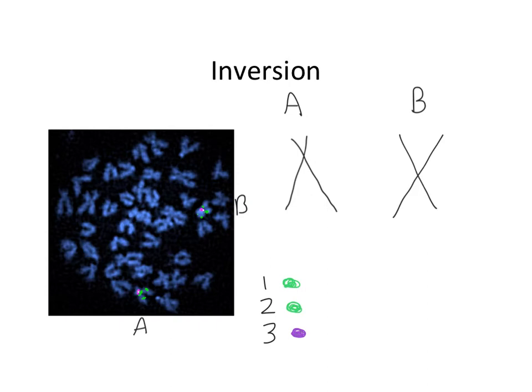If we look at the location of these probes on chromosome A, it looks like the purple signals are above the centromere, and then there are 2 pairs of green signals, one near the centromere and one about halfway down the long arm. If we look at the location of signals on chromosome B, it looks like there's a FISH signal just above the centromere. There's another pair of green signals down near the telomere, and in between the green signals, there's a purple signal.